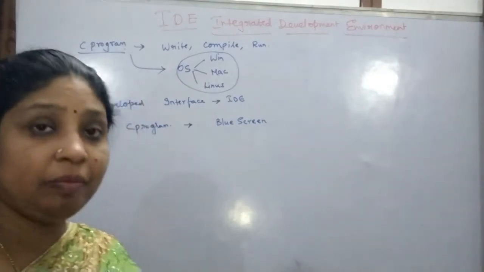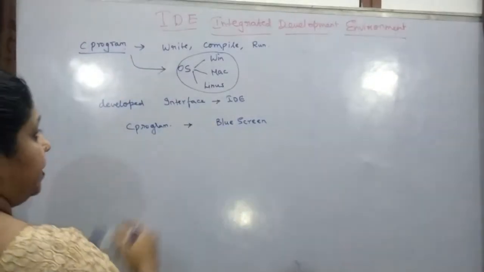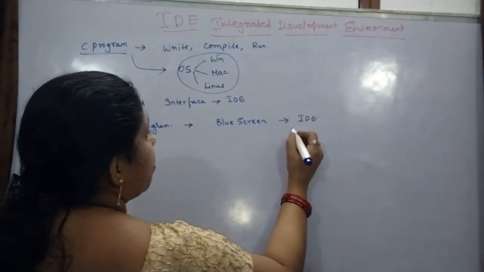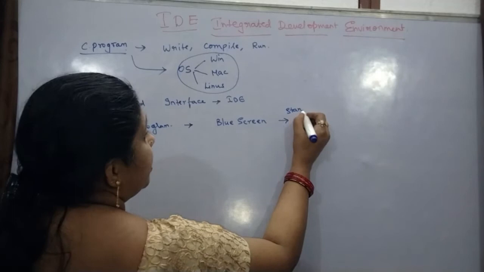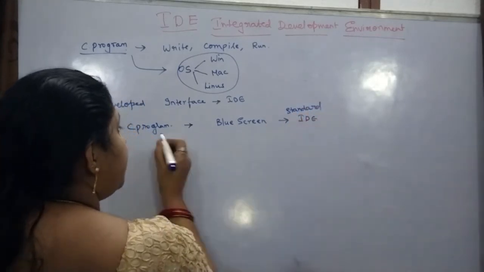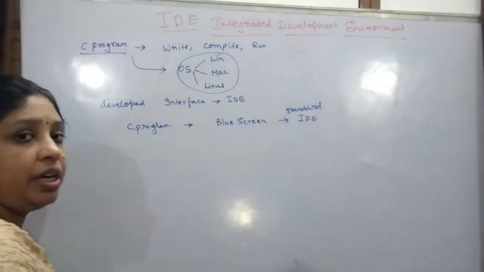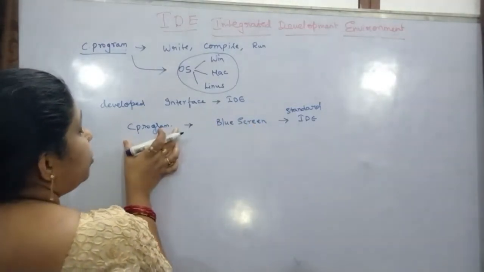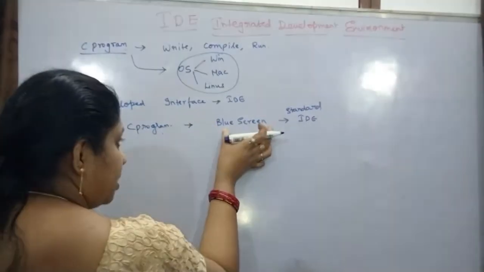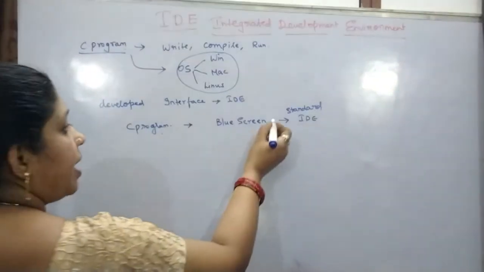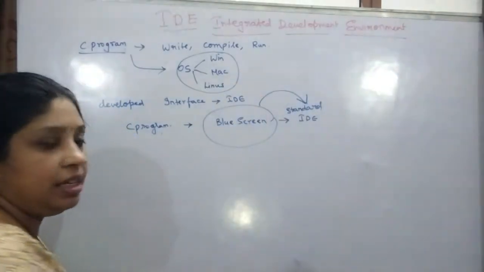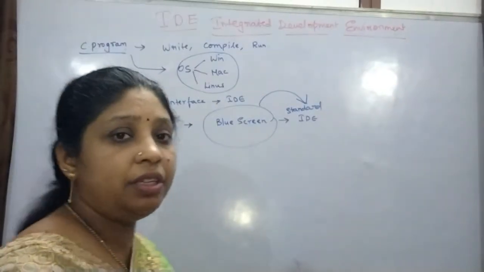This is an interface, or an IDE, the standard IDE for C programs to work. There is a blue screen where you are going to work on the C programs. So this has become the main standard IDE for the C programs.